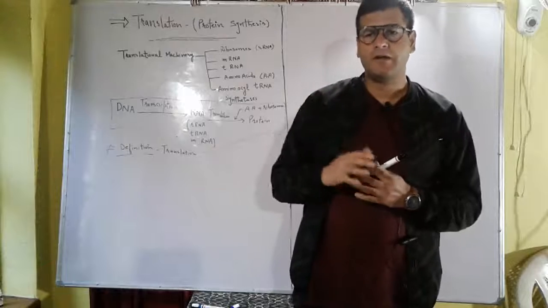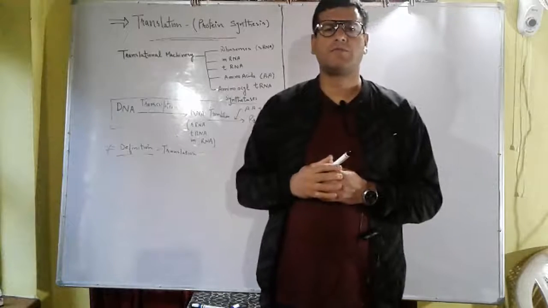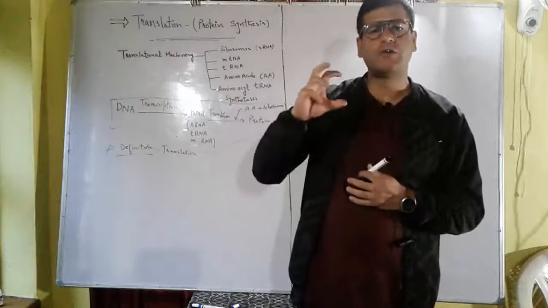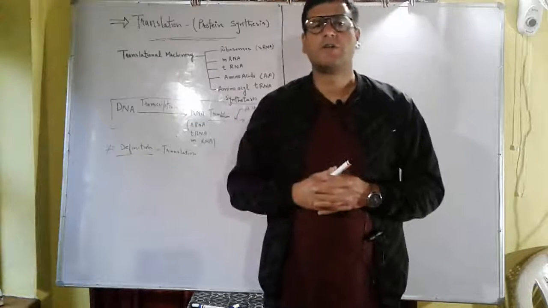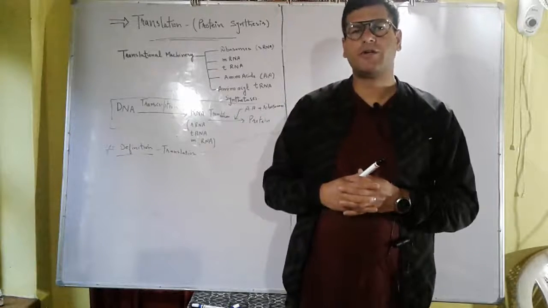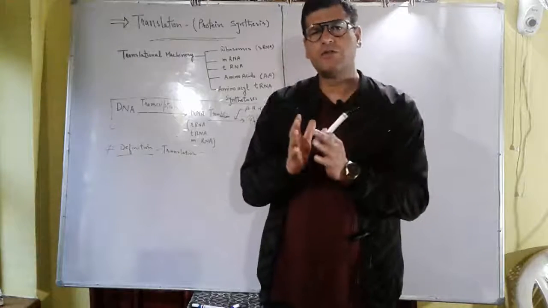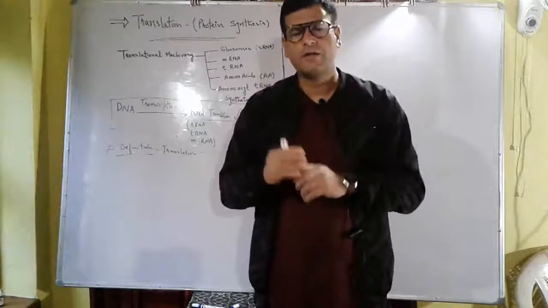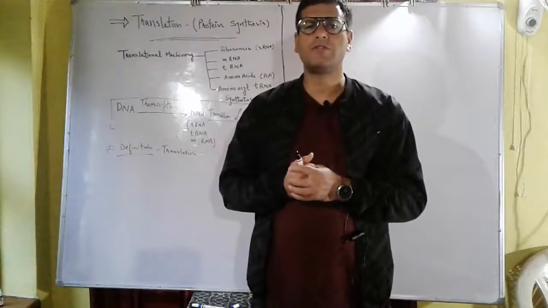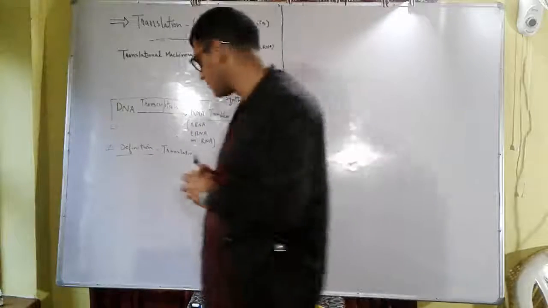This mRNA has a particular sequence of nitrogen bases, and this sequence of nitrogen bases determines the sequence of amino acids in a protein. This is what is called translation. That means the sequence of nitrogen bases in mRNA determines the sequence of amino acids in a protein.